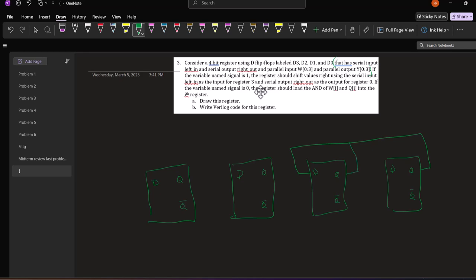The output for this register becomes the input for this one, and then depending on the problem, you might have a different input coming in to the last register and this output going nowhere, or you could have this one circling around and being the input to that one. So that would be shifting left. If you needed to shift right, then the output from one register would go to the one to the right. And these are numbered 3, 2, 1, 0.